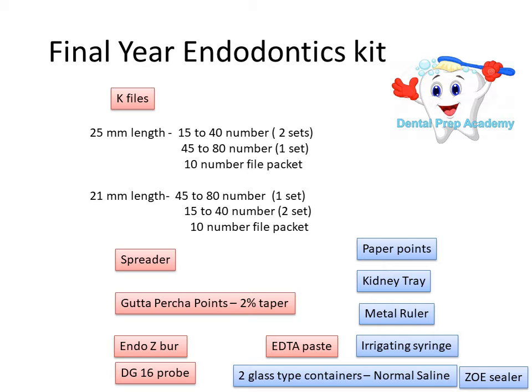As we are doing hand filing, mostly we are using gutta percha points 2% taper because our files are also 2% taper only. So gutta percha we place with the help of ZOE sealer. That sealer you can, I think, easily obtain from your department. And for mixing that sealer, you will be requiring a glass slab and also a spatula.